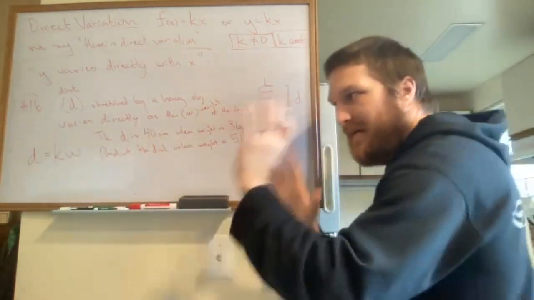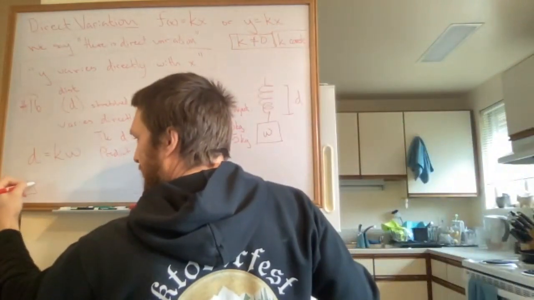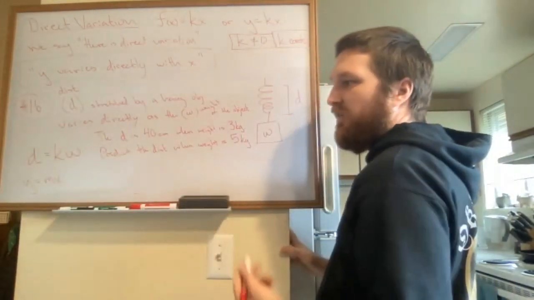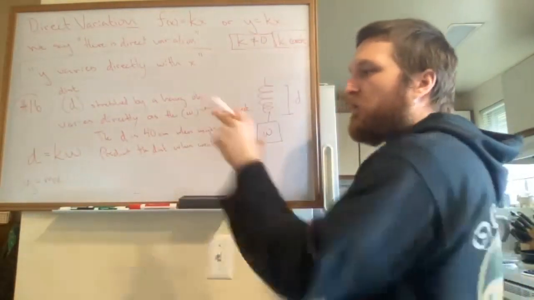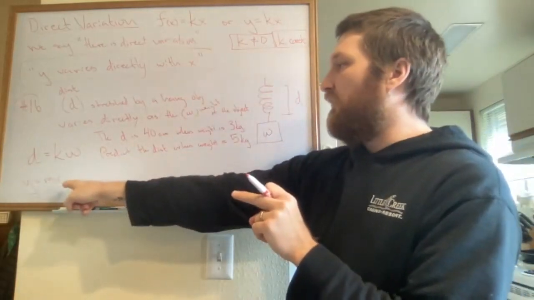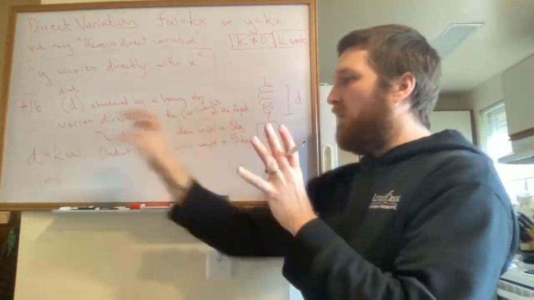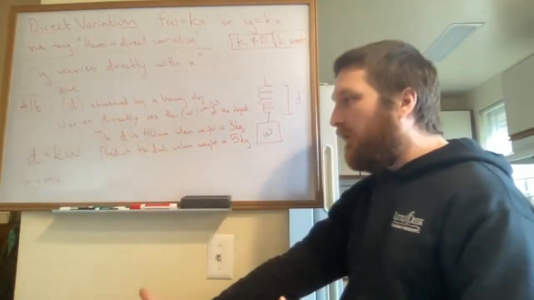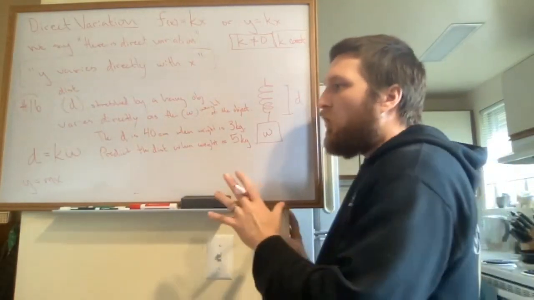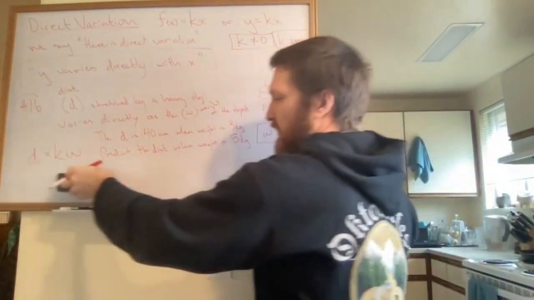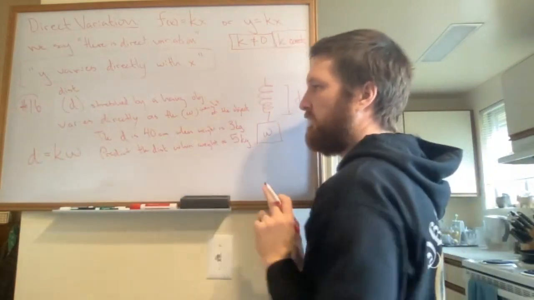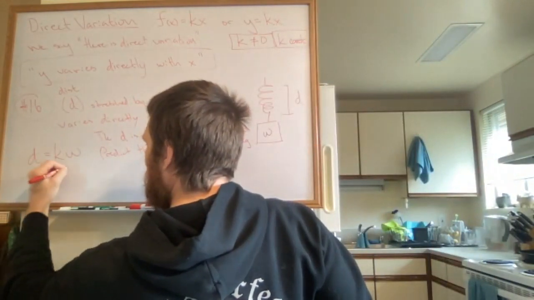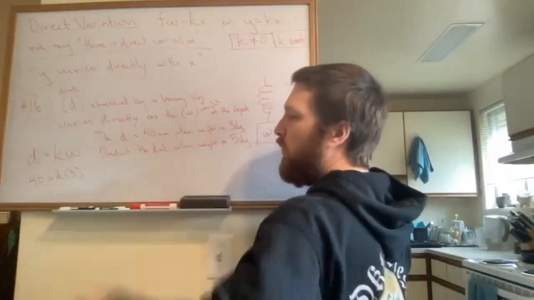Think of it like a line: if this were y equals mx instead of d equals kw and we wanted the slope, then if you gave me a point, I could just solve for m. That's what we're doing with k right now. So how do I solve for k? You have 40 equals k times 3, which means that k equals what?